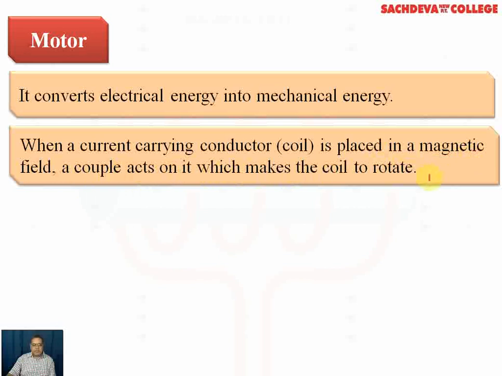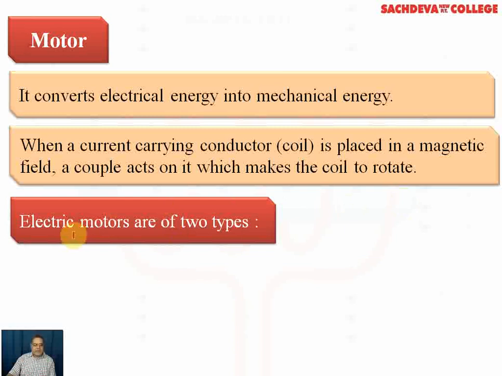The point to remember is that when we place a coil in a magnetic field, the opposite ends of the coil will experience force, and due to equal and opposite forces, the coil will begin to rotate, and a couple will be generated. You will remember that the moment of a couple is the product of force and perpendicular distance.